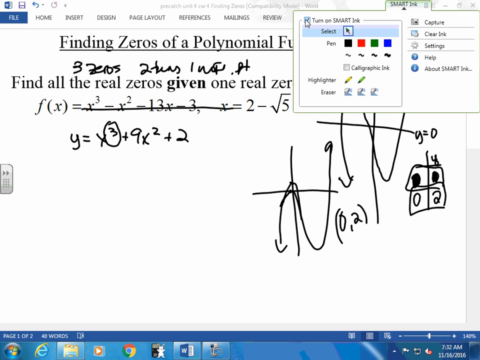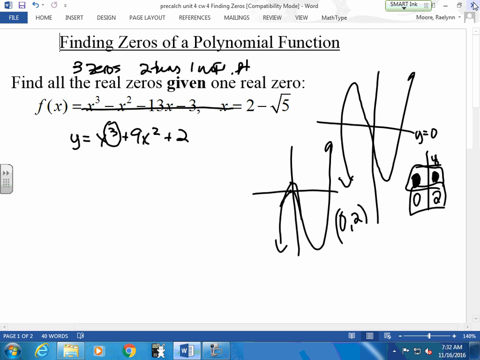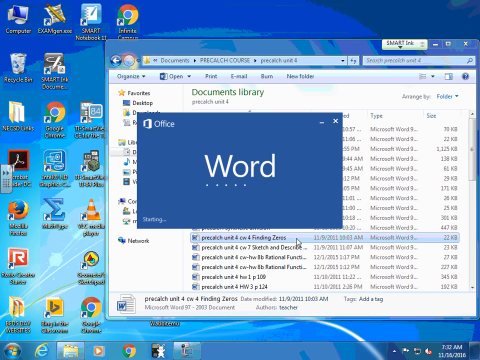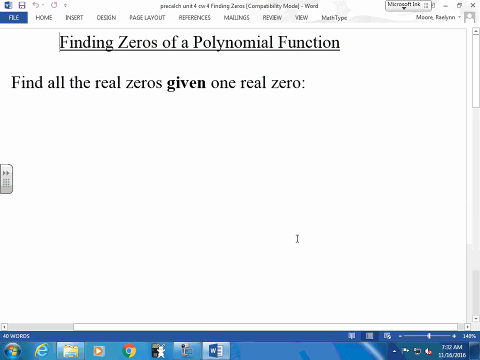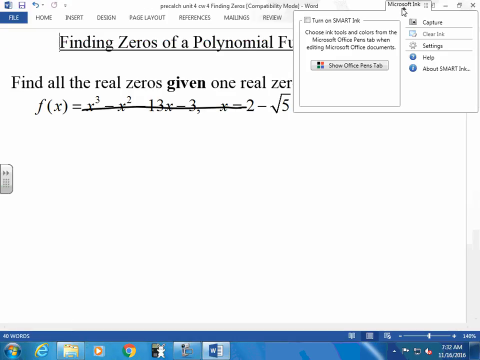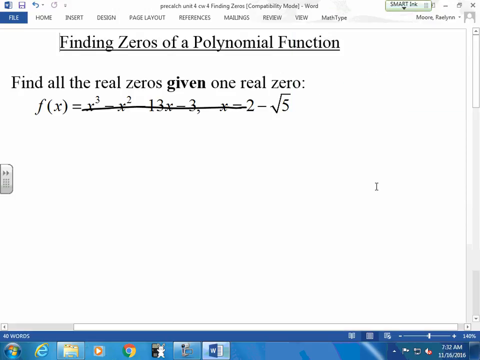I know, but now I can't erase this. Let's just start this over. I'm sorry, guys. It throws me off when something goes wrong and you have the wrong sheets. Alright, so let's start again.